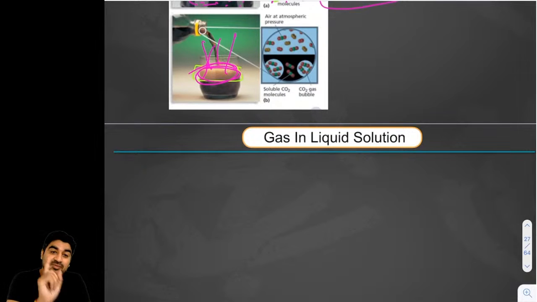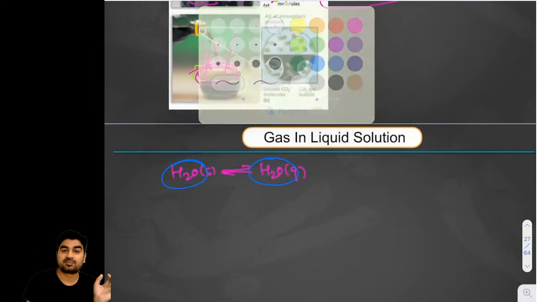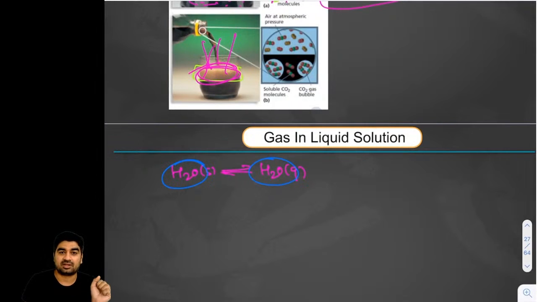Yes. In physical equilibrium, guys, there will be no chemical reaction. Like H2O solid is converting into H2O gas. This is physical equilibrium because the molecules on the left are the same as the molecules on the right and there is no chemical reaction. And what will happen in chemical equilibrium, guys?